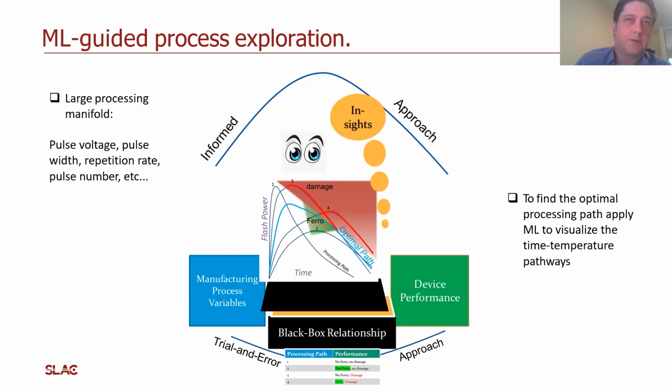This is not only time consuming, but may result in finding only local maxima to the performance metric that is desired to be optimized. To open up the black box and explore process property relationships more efficiently, we have also developed a machine learning guided approach based on sequential learning Gaussian process. Time-resolved in situ synchrotron studies allow us to collect thousands of diffraction patterns during a flash time temperature sequence to rapidly explore the processing manifold.